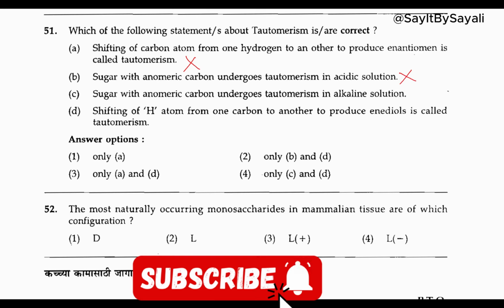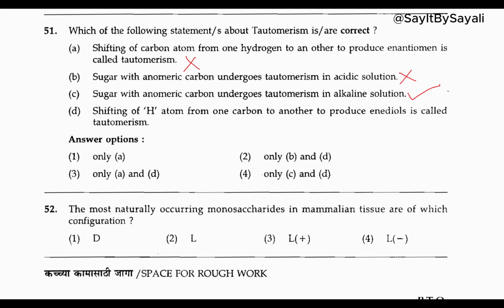Wrong. C. Sugar with anomeric carbon undergoes tautomerism in alkaline solution. Correct. D. Shifting of H atom from one carbon to another to produce enediols is called as tautomerism. Correct. So, the correct option is 4, only C and D.